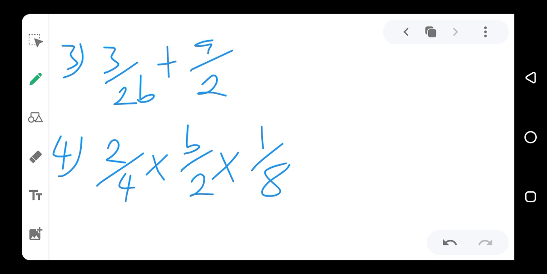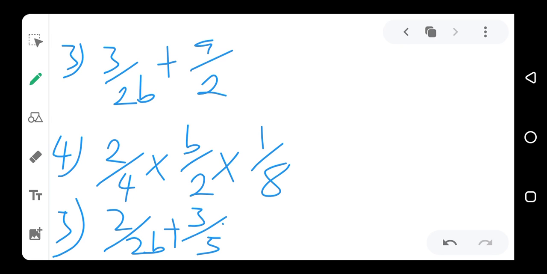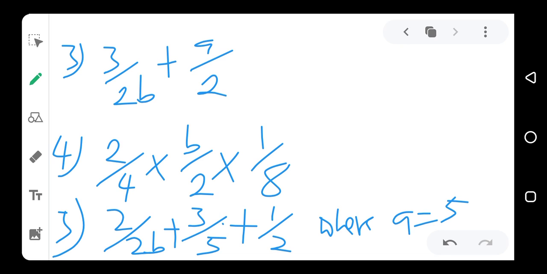Then 5, 2 over 2a plus 2 over 2b plus 3 over 5 plus 1 over 2, where a is equal to 5.